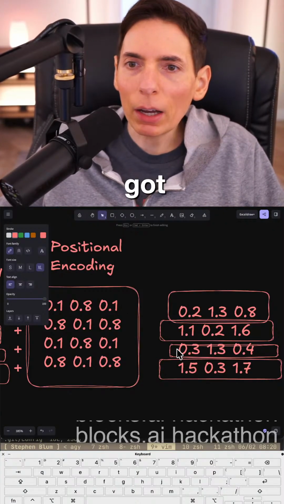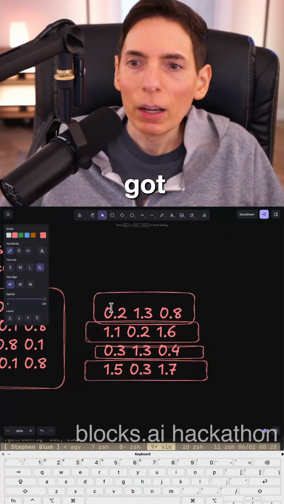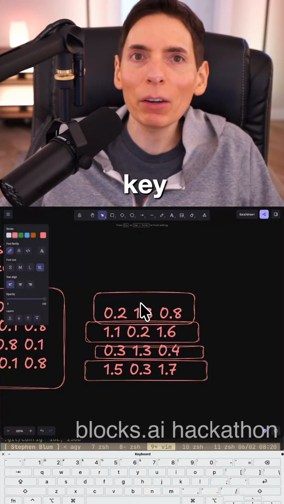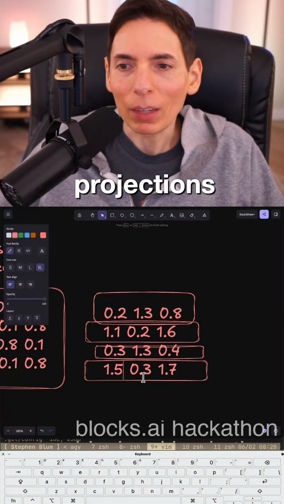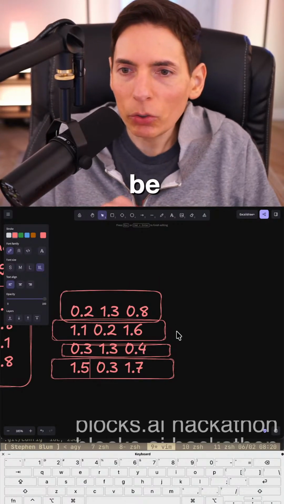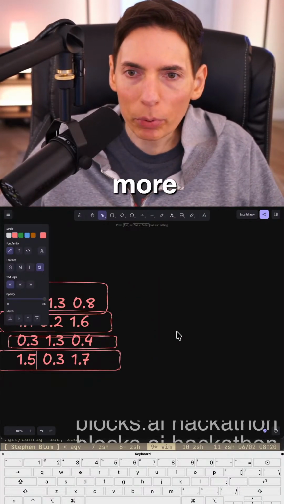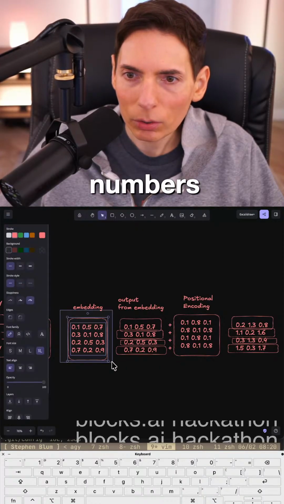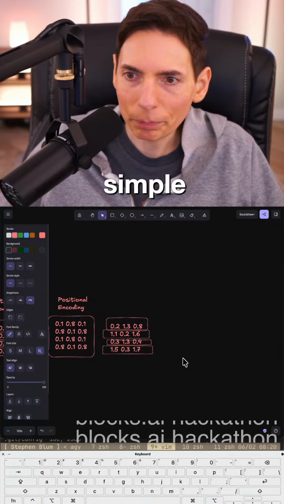Okay, so now we got our output from our numbers. We've got all of the data. This will be the input to our query key value projections. Identical on all sides. So this will be QKV projections. We've got more projection layers, basically, essentially more numbers. I'm just going to copy paste this to make it simple.